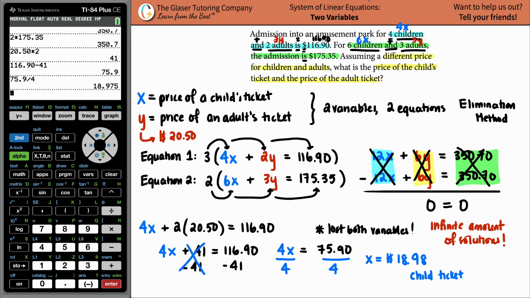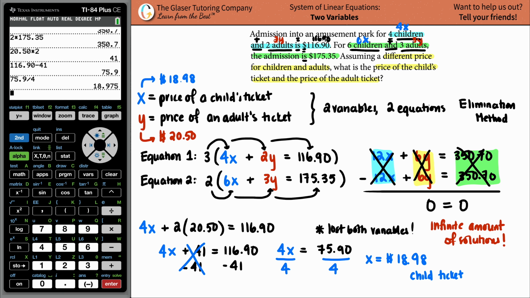So in this case, if I made my adult ticket to be $20.50, the child ticket is going to be $18.98. But the thing is that if you put in another value, you'll get a different child ticket.